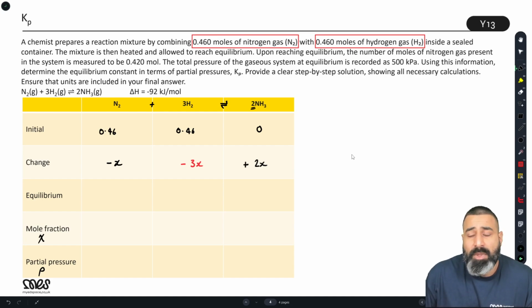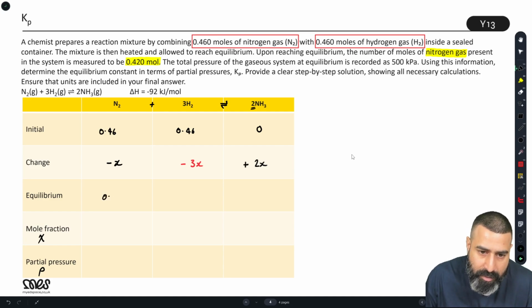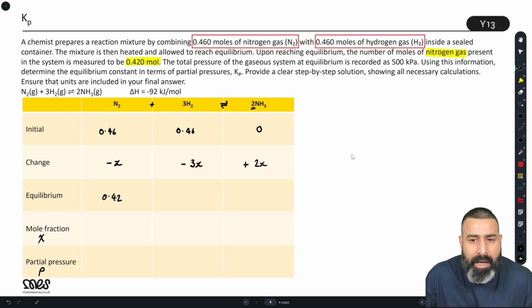So then we should be given some extra information about how many moles of one species we have at equilibrium. So when it reaches equilibrium, we've got nitrogen gas and we've got 0.42 moles. So first thing is to find nitrogen gas. It's here. And at equilibrium, the number of moles is 0.42.